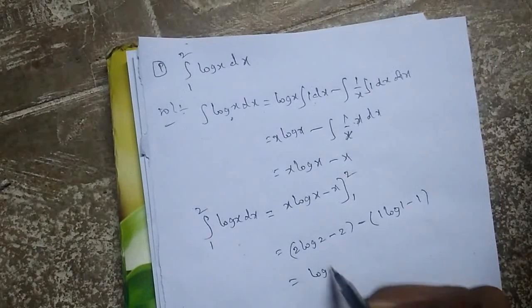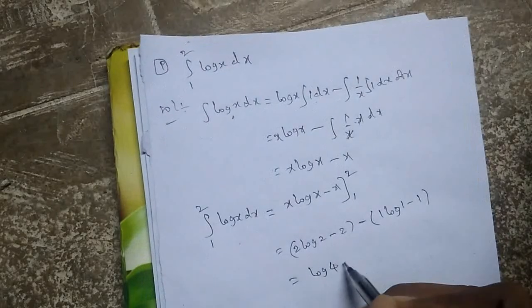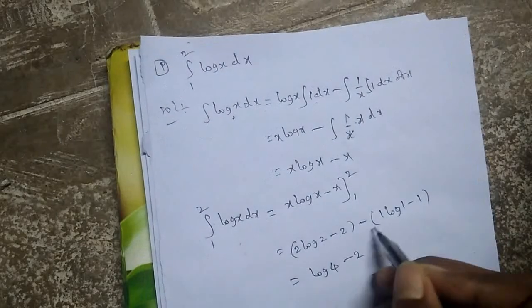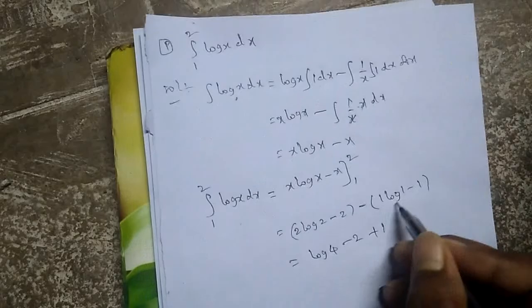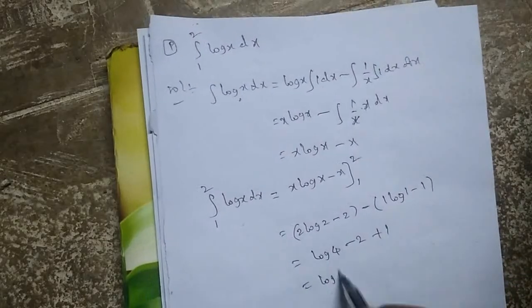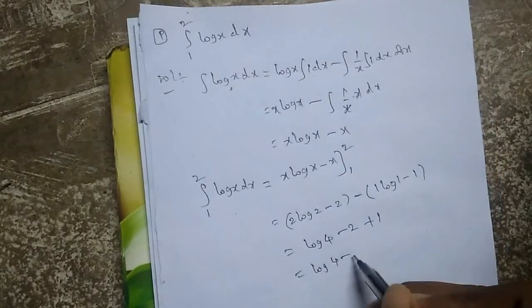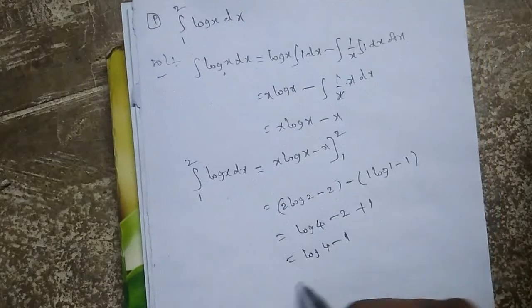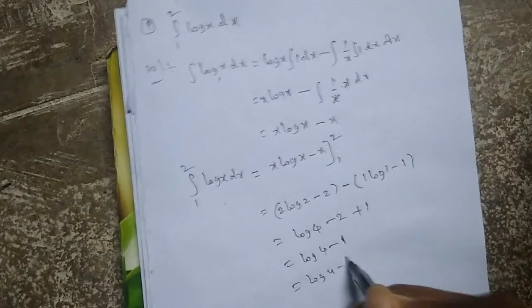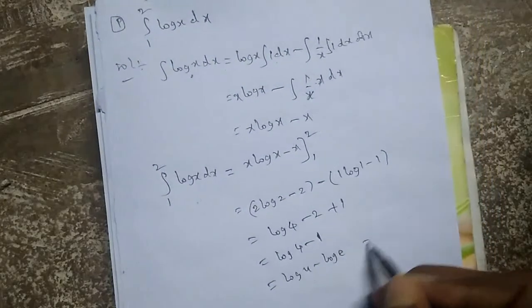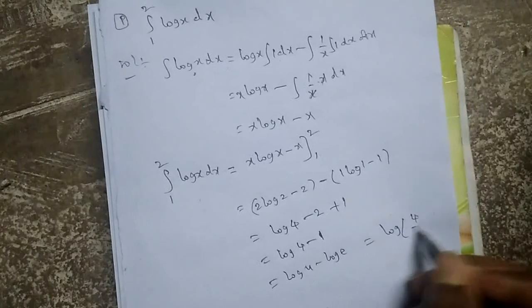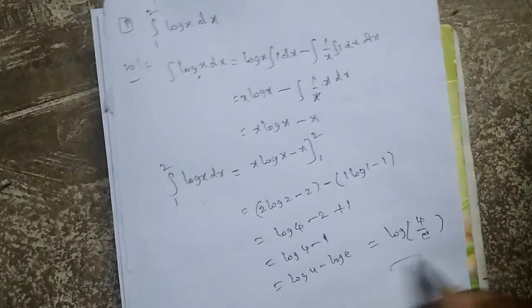This is log 4, 2 square, minus 2, minus into minus plus 1. Log 1 is 0. This is log 4 minus 1. So 1 can be written as log e. Log 4 minus log e, that is equal to log of 4 by e, which is the final answer.